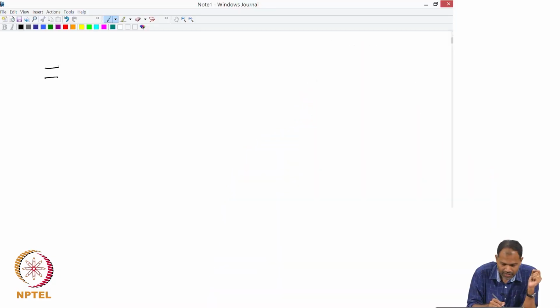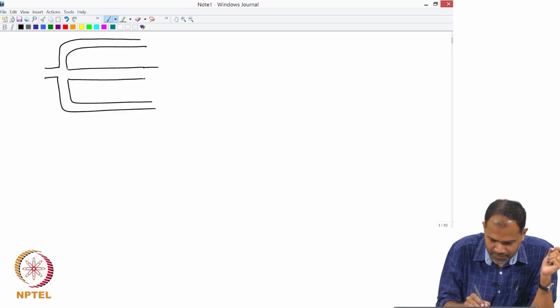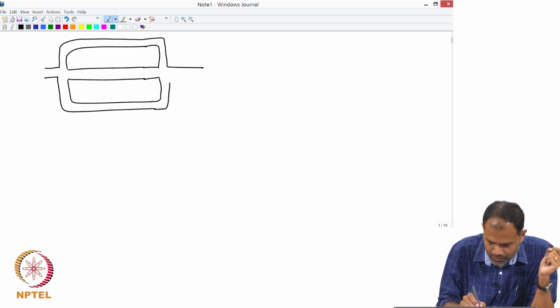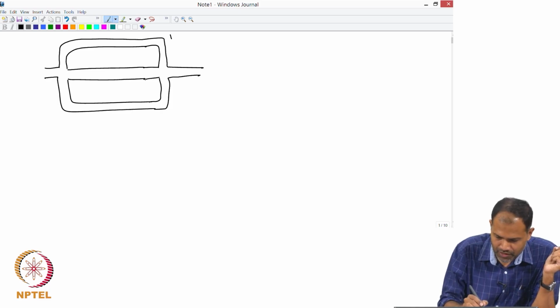Let us say you have a fluid that is entering the pipe, and it is divided into 3 parts. Let us call them pipe 1, pipe 2 and pipe 3.